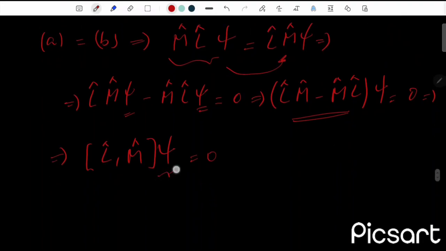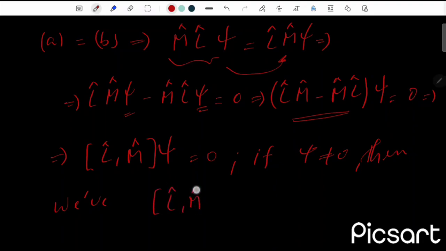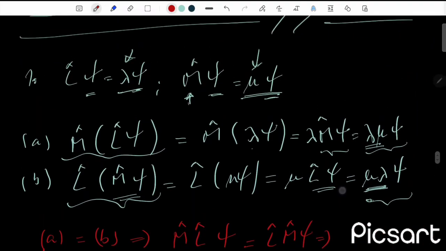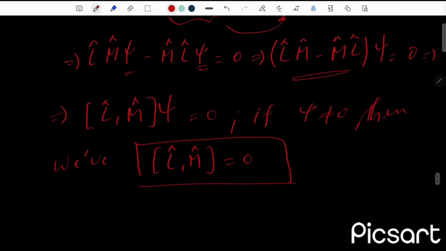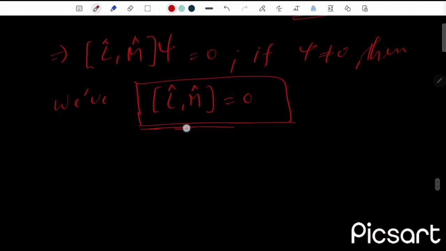But if psi is different to 0, then we have the commutator of L and M equal to 0. Then we showed here that if L and M have the same eigenfunctions, then they commute with each other.